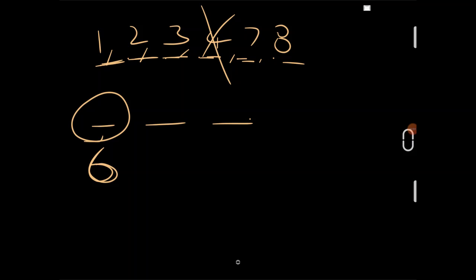Suppose I took this number off. That means one number is taken off. How many choices are there now? 5 possibilities. Now 2 digits are taken off. How many possibilities? 4 possibilities. So the number of possibilities is 6 into 5 into 4. Same as what we get from the formula.